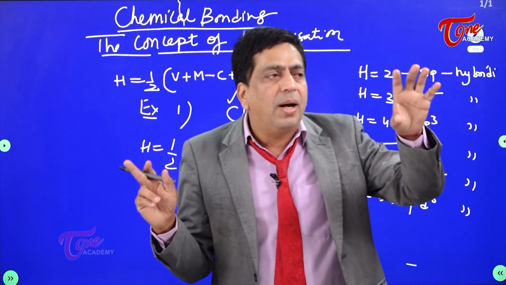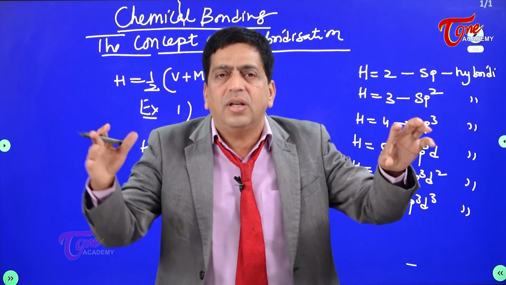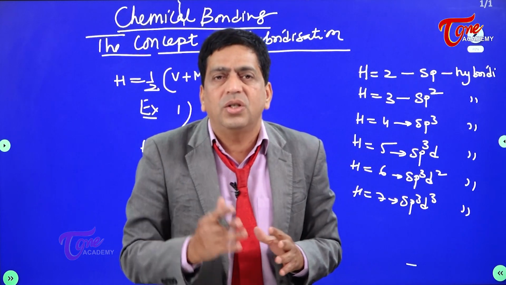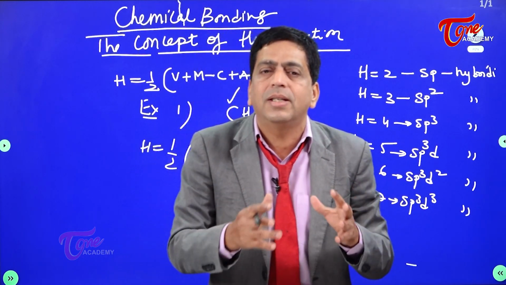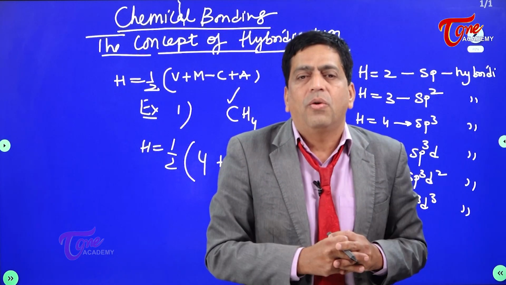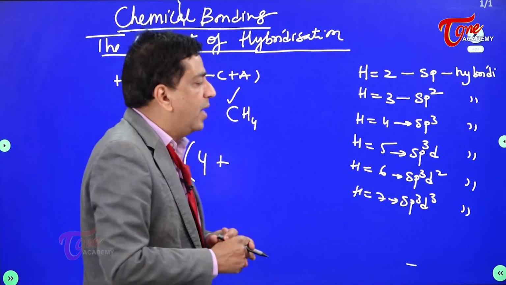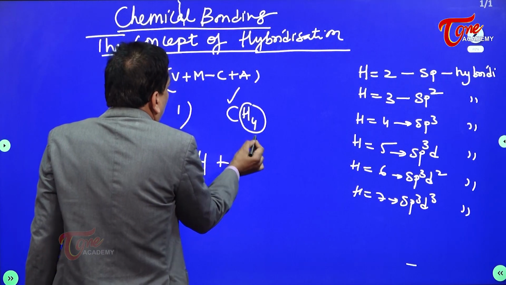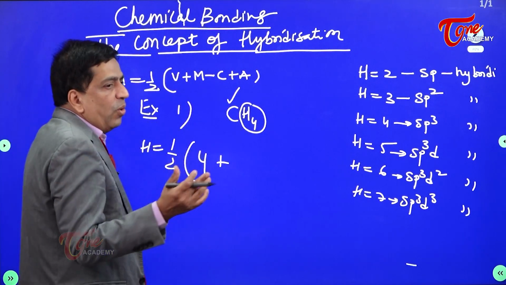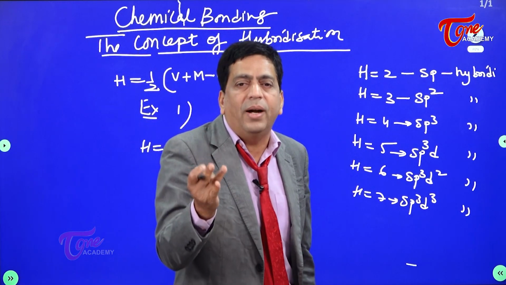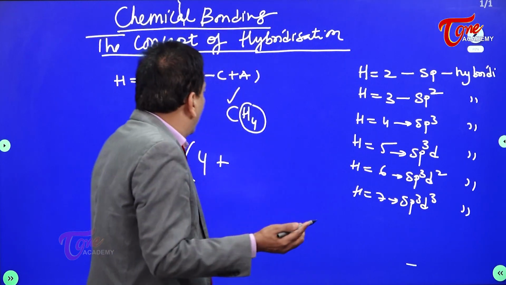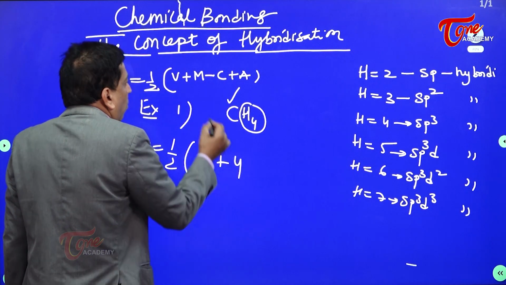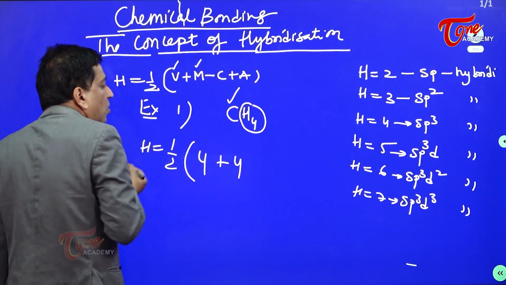You need to count the number of hydrogens or halogens attached to the central atom. The central atom is where the hybridization is taking place, the intermixing before bonding. That is carbon here, right? So the number of monovalent atoms is 4. You can see here 4 hydrogens. So 4 plus, again M is also 4. This is finished, this is finished.